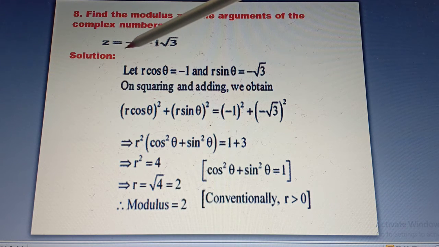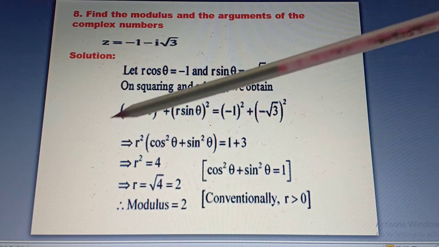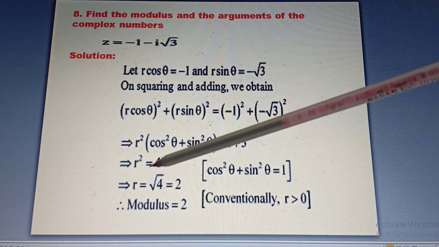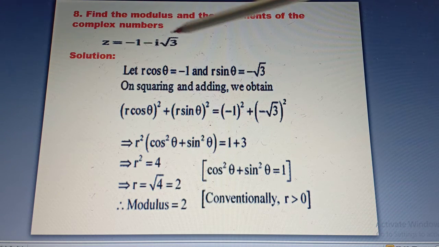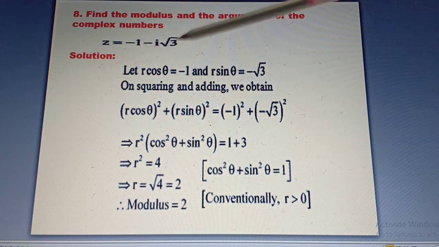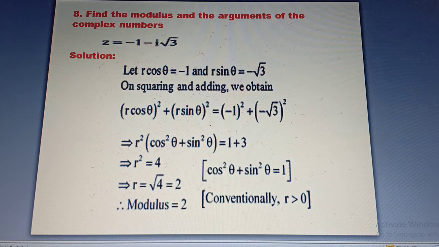So here a is minus 1 and b is minus root 3. Directly you can find r square equal to 4, because minus 1 square is 1 and root 3 square is 3, so 1 plus 3 is 4. So r square equals 4, r equals root over 4. So the value of modulus is 2.